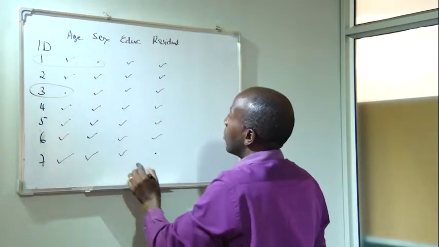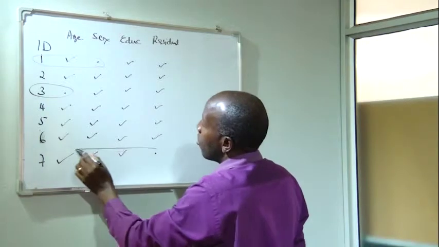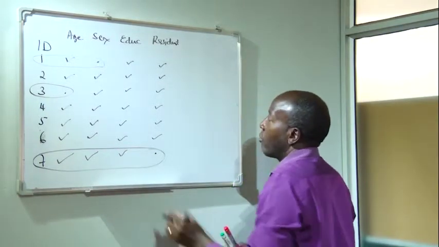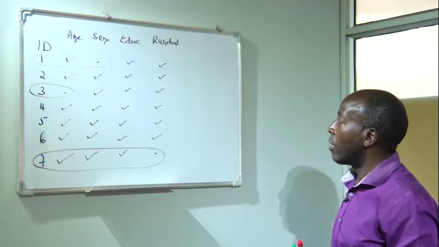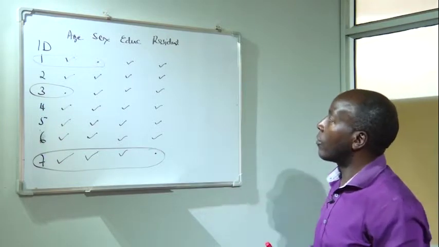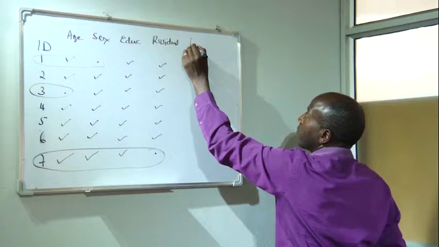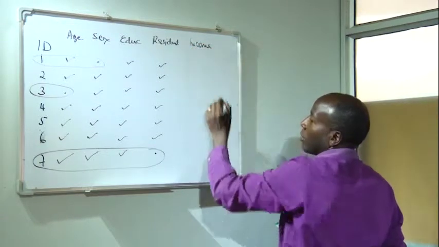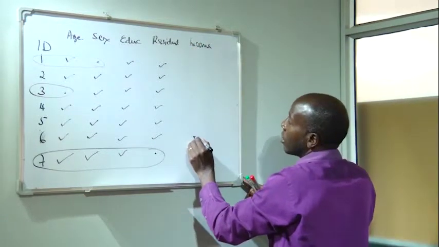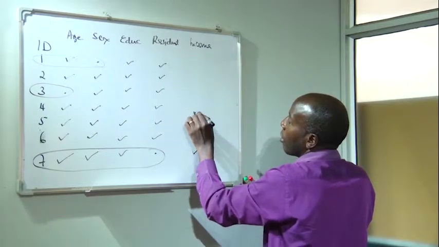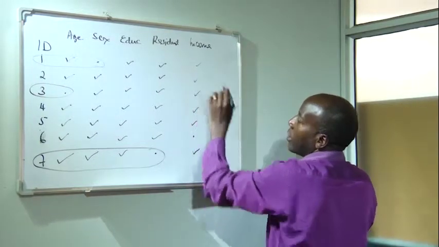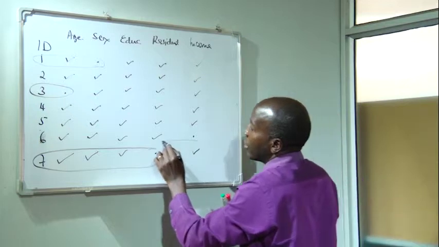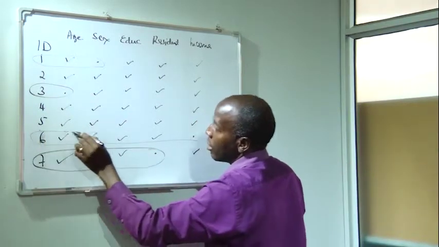For education, no one is missing. For residence, number 7 is missing. For income, number 6 is missing income. Other people have income data, and number 6 is the one missing income.